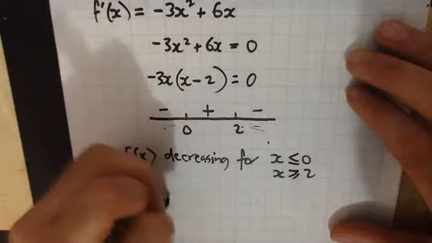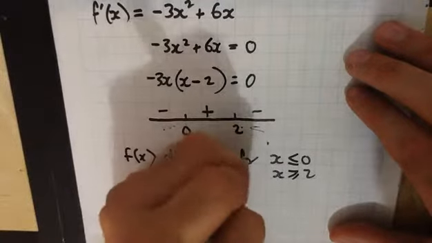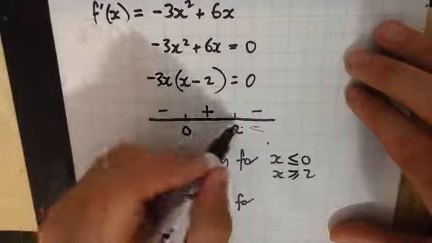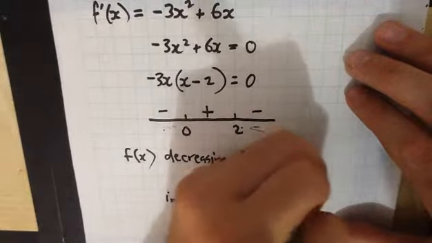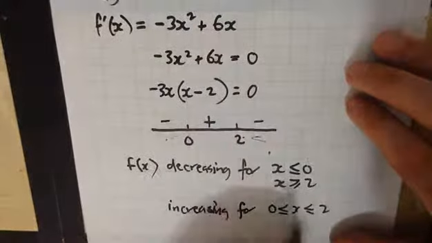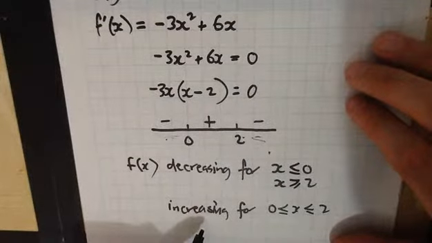Okay? It is increasing for, it's between 0 and 2, isn't it? So for x greater than or equal to 0, less than or equal to 2. So these are the intervals where the function is decreasing and increasing.